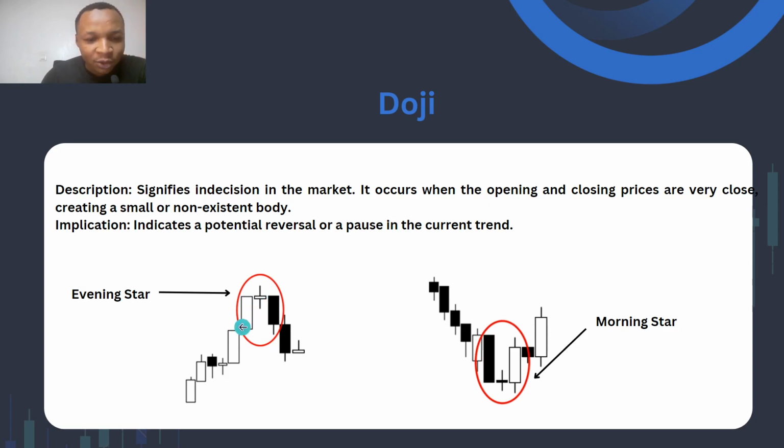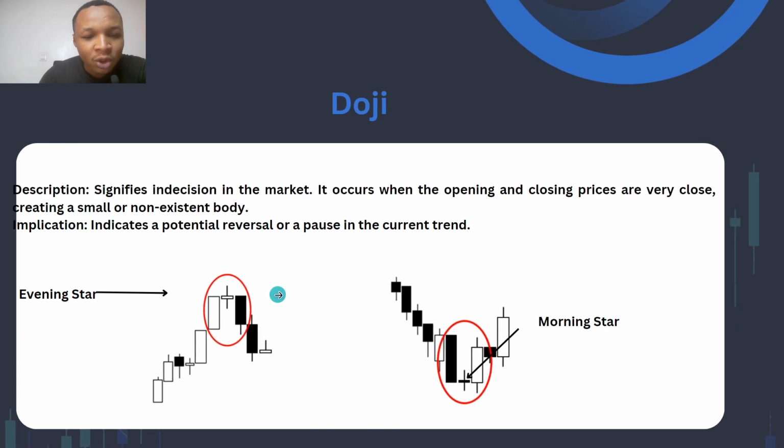As you can see, it's quite equal in size, which means there is selling pressure entering the market. At this point, there was a decision to buy in the market. At this midpoint, there is an indecision in the market. And finally, after the indecision, the new decision that was made was for price to go downwards.